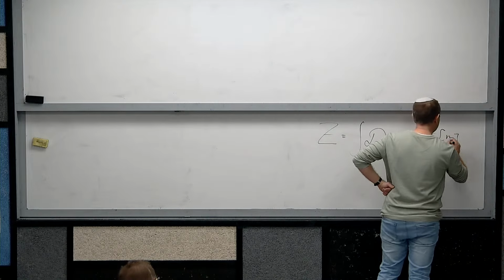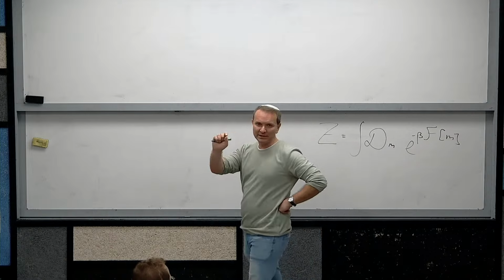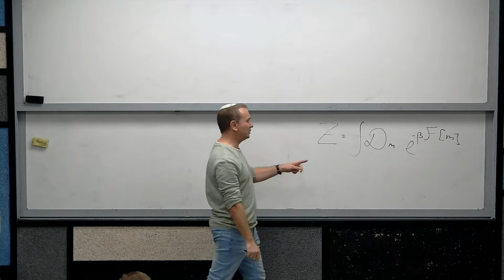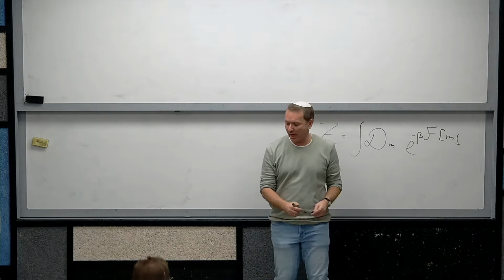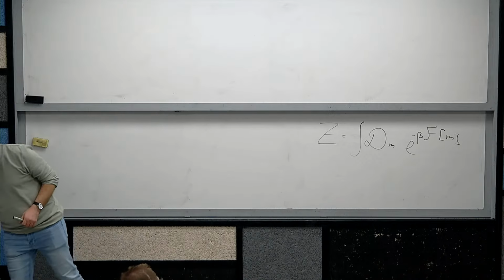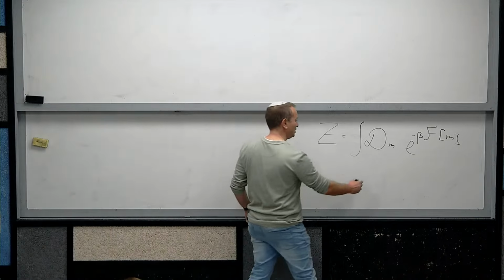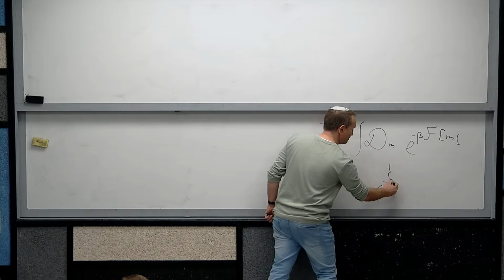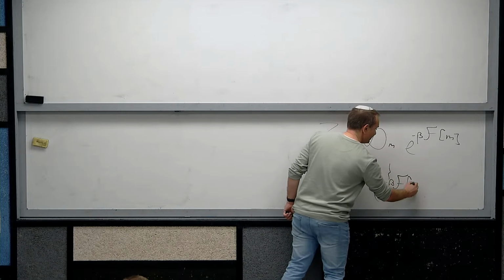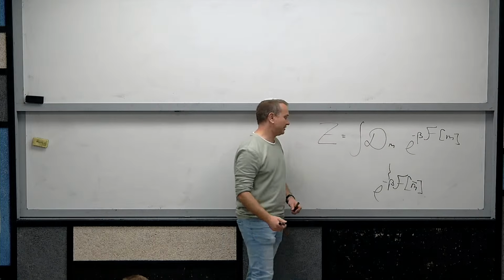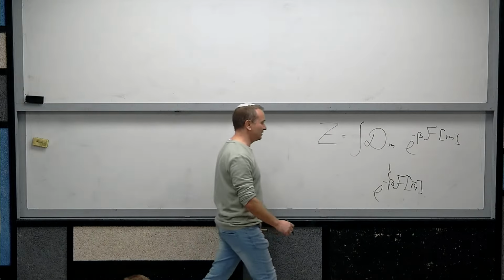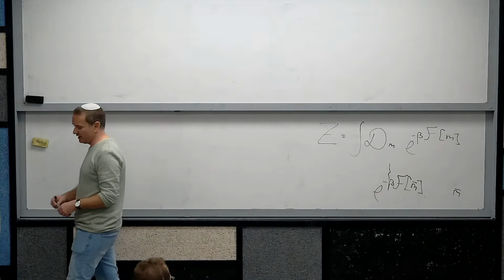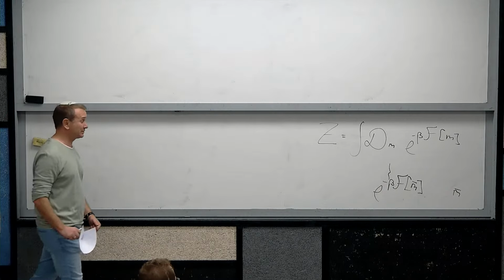The mean field approach was: find one single m that contributes the most to the Hamiltonian over here, and effectively replace all of this by this single Hamiltonian e to the power minus beta f of m hat. Where what is m hat? M hat is our mean field value, the specific single value for the field.